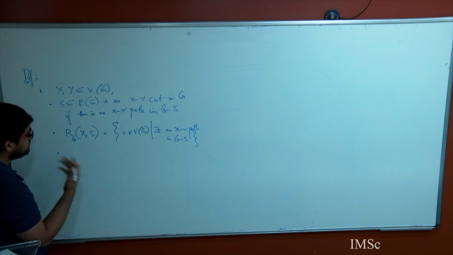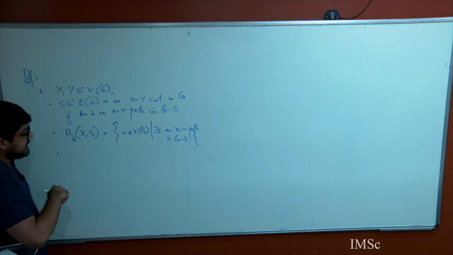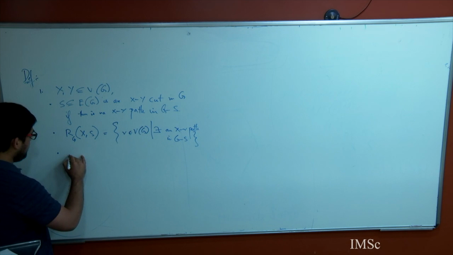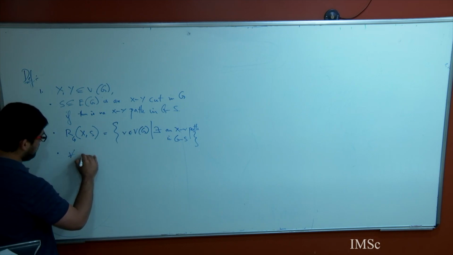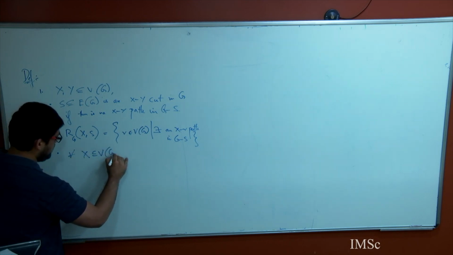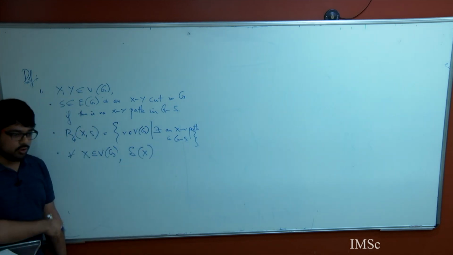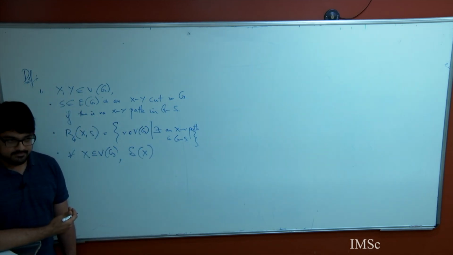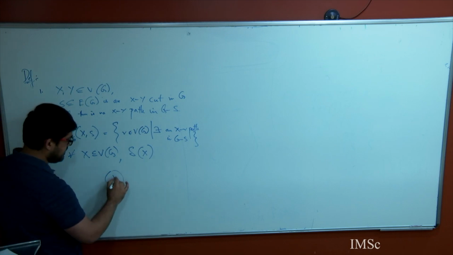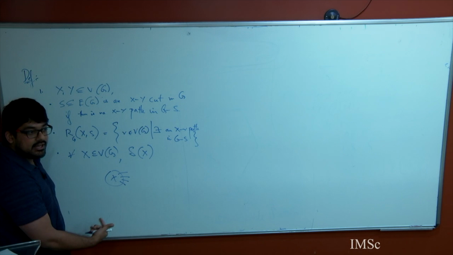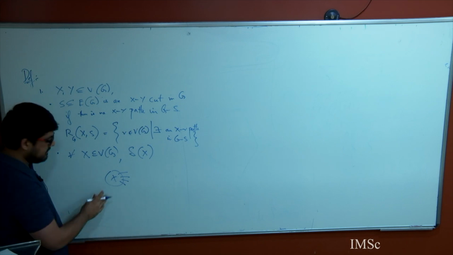Again, a couple of standard notations. When I say standard, you will find this in different fonts in different books. So let me just define this anyway. Let's say for all x of V(G), delta of x denotes the edges going out of x. Right? So if I have x here, delta of x is precisely those edges which have exactly one endpoint in x.